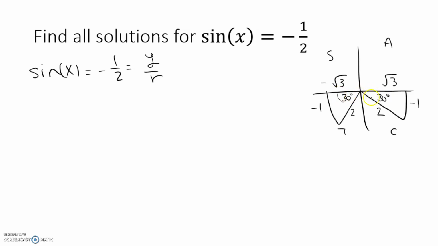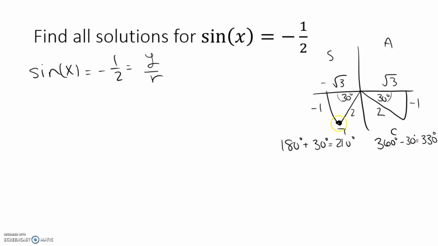But I don't want 30 degrees. I want the angle in standard position. For the third quadrant, I'm going to take 180 and add 30, and that will give me 210. For the fourth quadrant, I will take 360 minus 30, and that will give me 330.